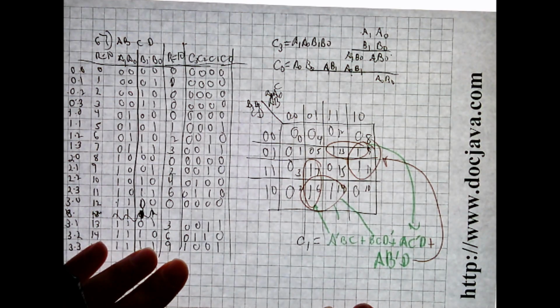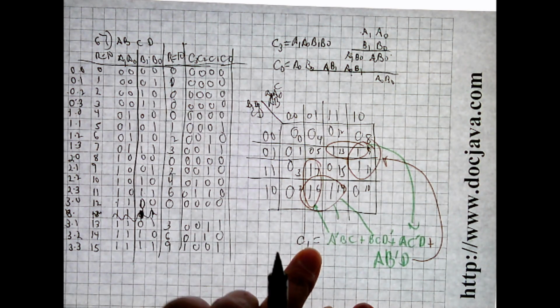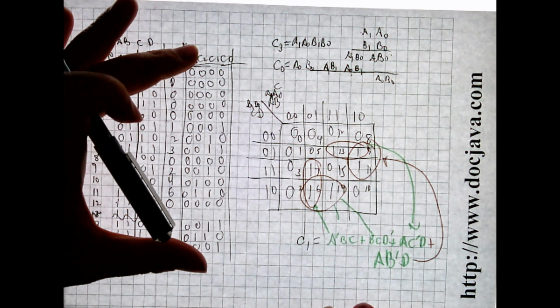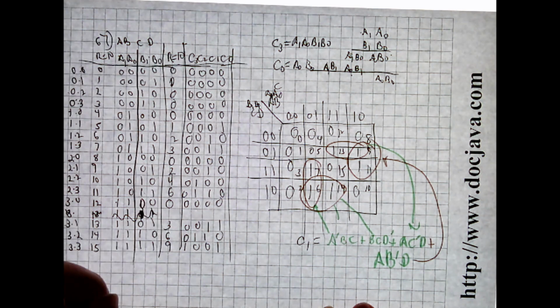So that's actually a good way to go. You don't even need a minimal form here. If you can match the truth table with what is being produced in the schematic, then you know that you have met the specification for a 2 by 2 binary multiplier.